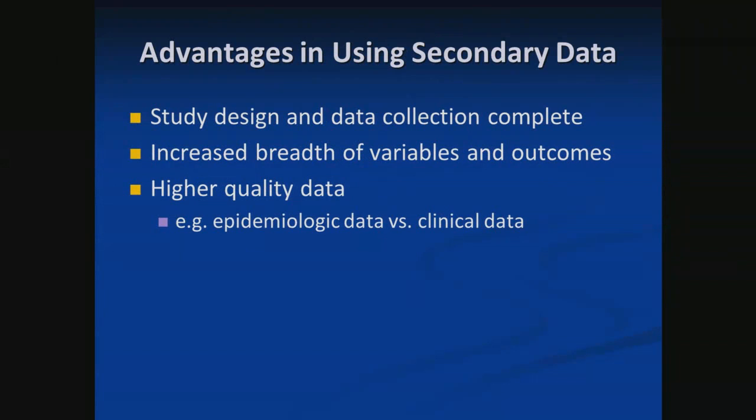If you look at a long-term NIH-funded study, there are going to be so many variables collected that some might suit your needs as a researcher and some might not, but there's this breadth. You may not have thought to look at socioeconomic status in your data set, but if it's there, you may say, whoa, that's interesting, or that's another confounder I hadn't thought of. So the breadth of variables tends to be broader in these large data sets.